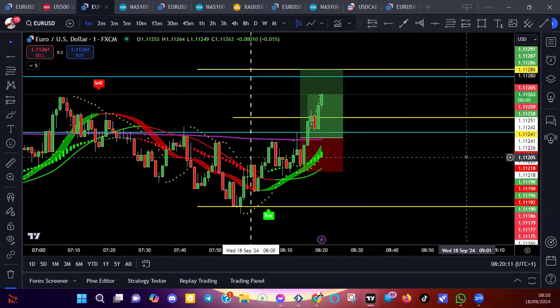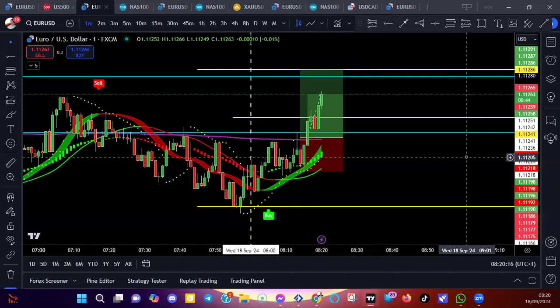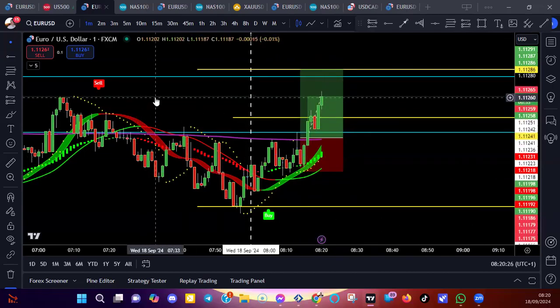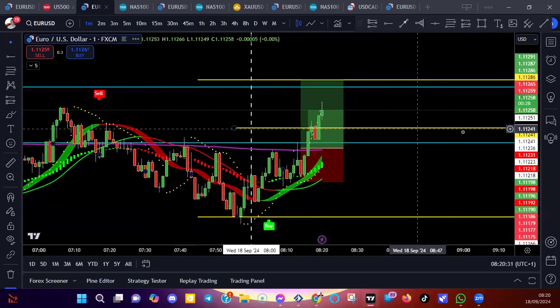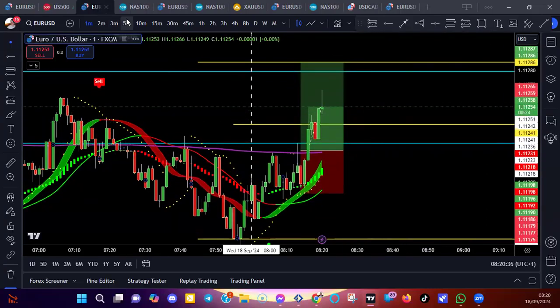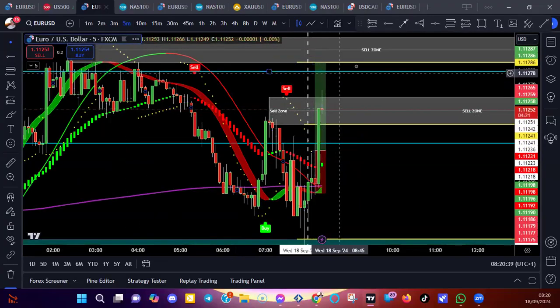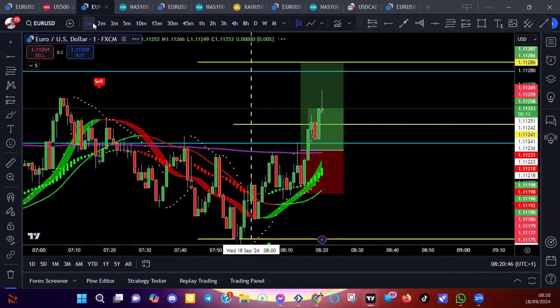Well, it's a credit to the Academy 55 indicators that it's doing what it's doing. Because we're right in the middle of two sell zones. So it could turn around, and we got this big bit of imbalance here now on the 5-minute time frame.